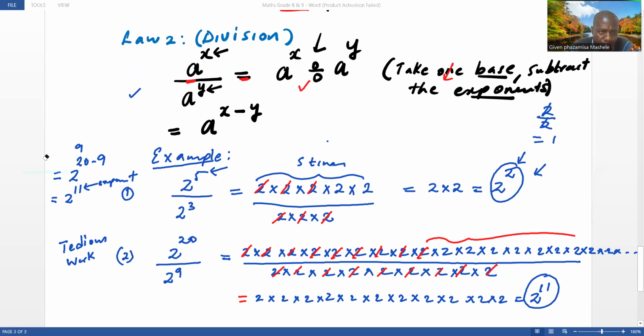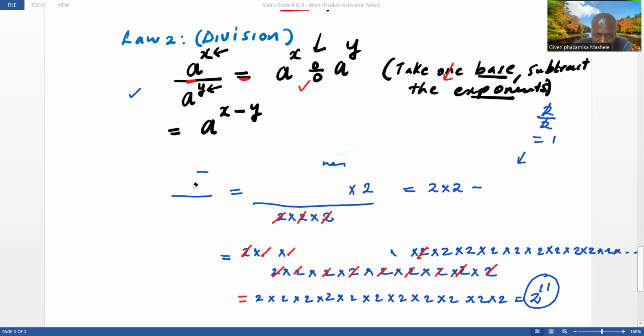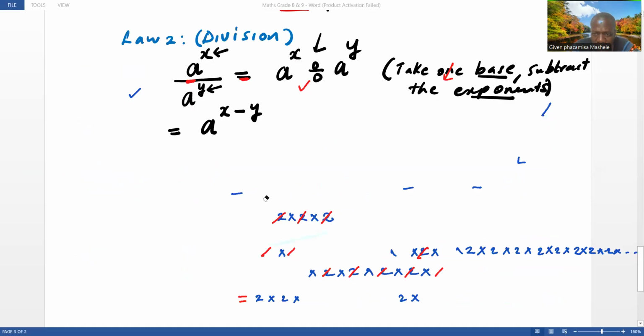Let us now move on to law number 3. I want to talk about this. Law 3. We're now focusing on exponents only.